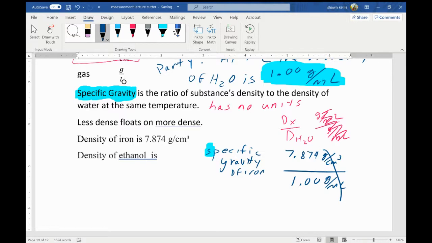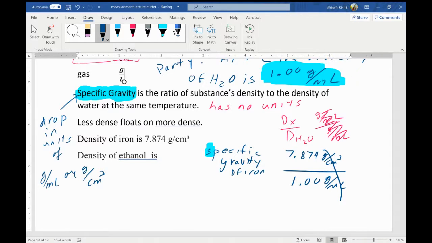So whenever you see specific gravity, don't panic. For your calculation purposes, drop in units of grams per milliliter or grams per cubic centimeter, whichever one floats your boat. But you report specific gravity with no units.